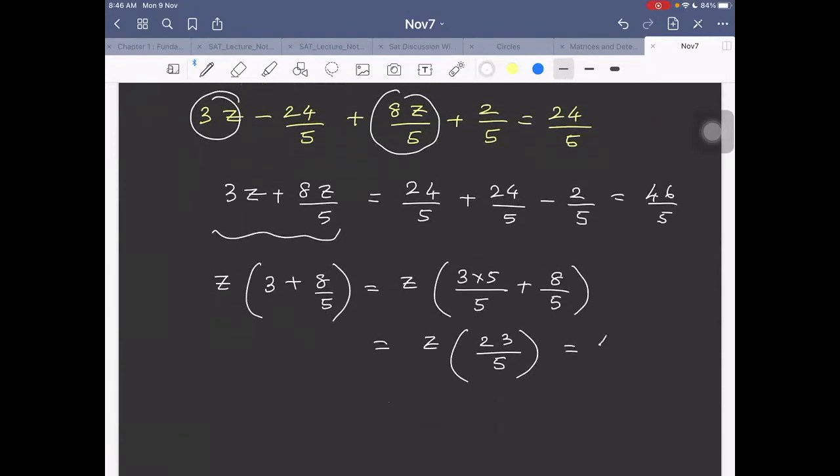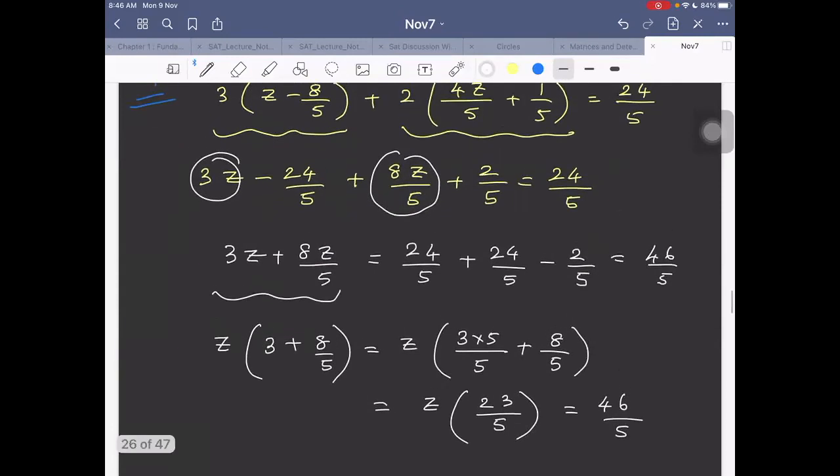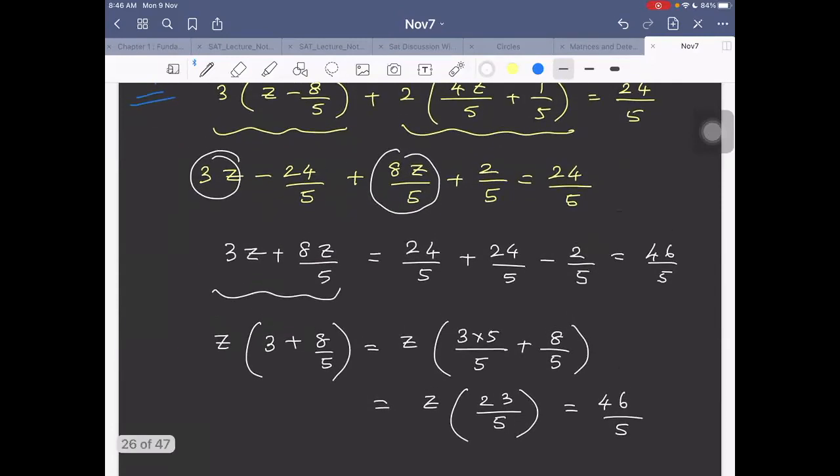Okay, on the RHS we have 46 divided by 5. RHS is 46 divided by 5, and LHS after simplification becomes this. Now what do you do? Just cancel off 5, and 23 and 46, you're left with 2.